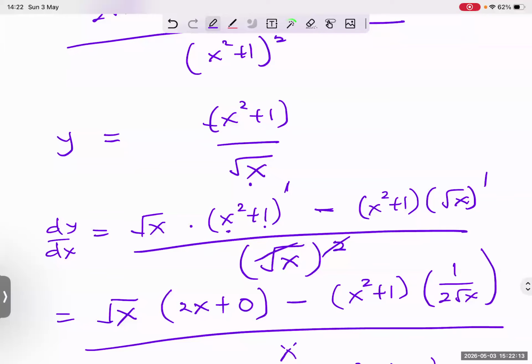We have used the quotient rule, and that is because the function y is in the quotient form. I have the top and I have the denominator. So we use the quotient rule. But differentiating the individual terms, we use the power rule because the individual terms are all in the power form. So it's a combination. Any other questions?